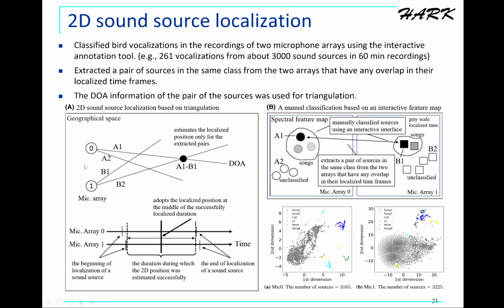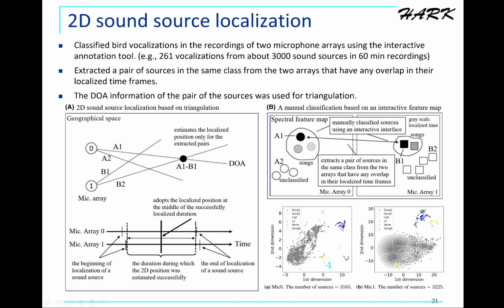In order to obtain the spatial information, we have to combine the information from the two microphone arrays into one. This is quite difficult, not easy. And so we classified bird vocalization in the recording of two microphone arrays using an interactive annotation tool based on t-SNE. So this is a space map of the localized sounds from one microphone array, and this is a map from the other microphone array.